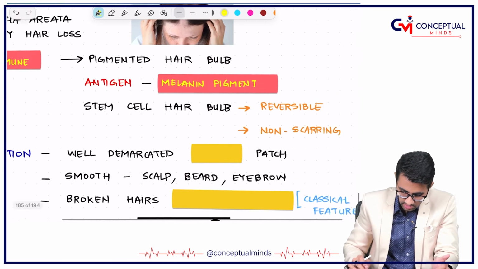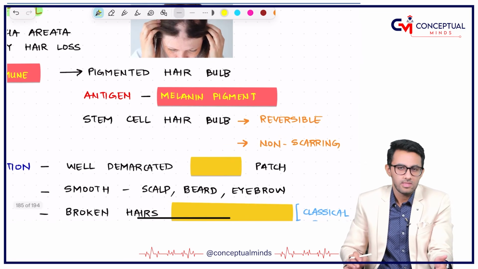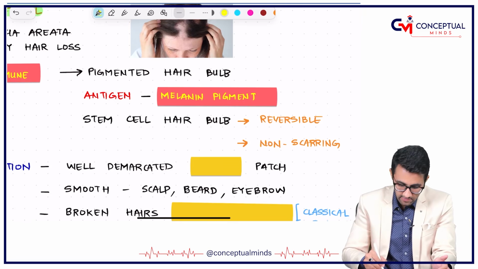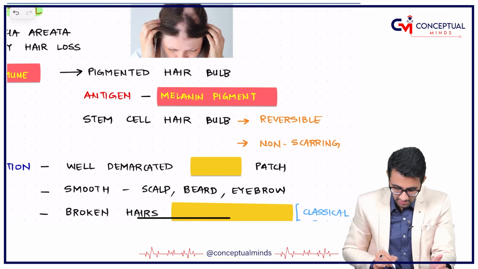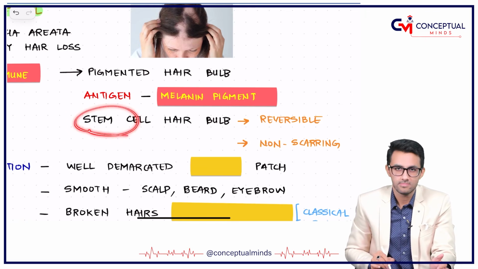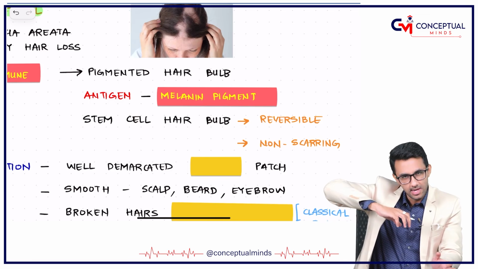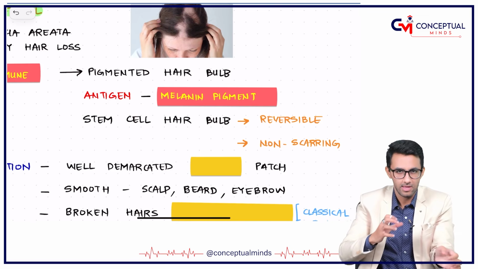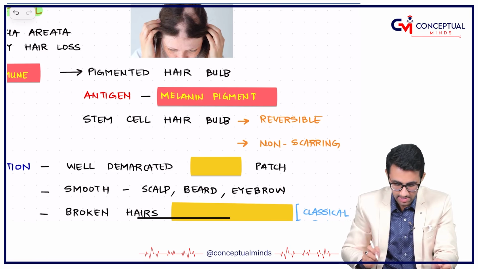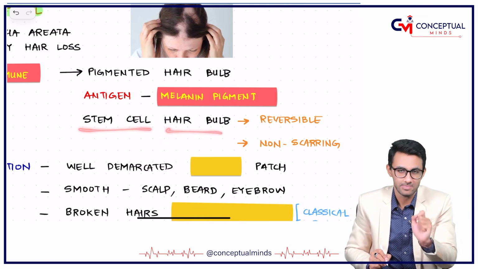That we just discussed when we were drawing and labeling our diagram. We read about the stem cell. Where was the stem cell? In the sebaceous gland? No. Where the arrector pili muscle was getting attached. Yes, the hair bulb had the stem cell.